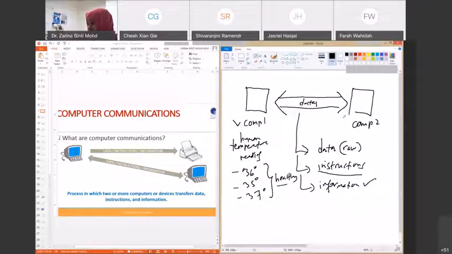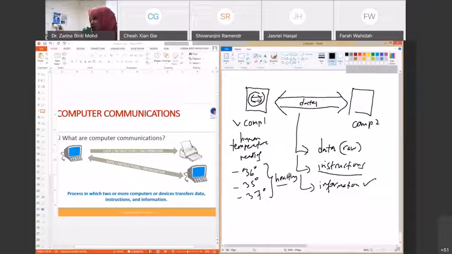I hope you can see this. This is when we talk about data between two computers. If you still recall, inside the computer itself we also have data being transmitted here and there, through the system unit, with the memory and the CPU.